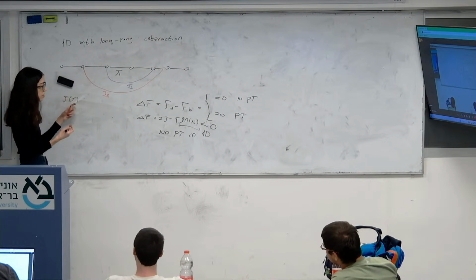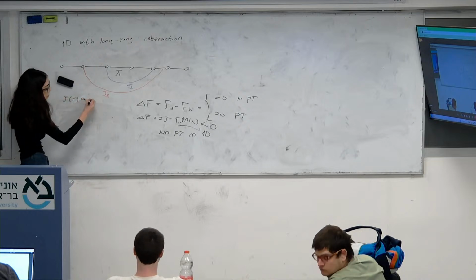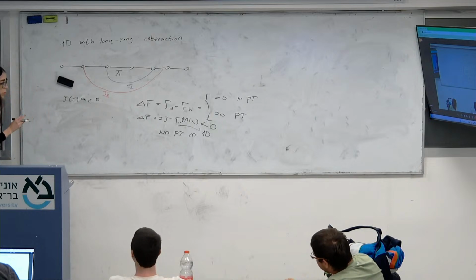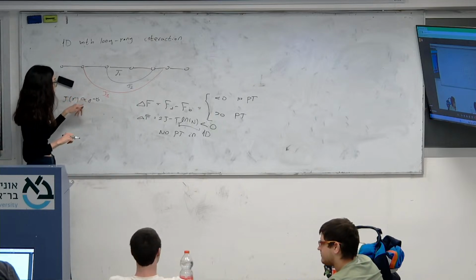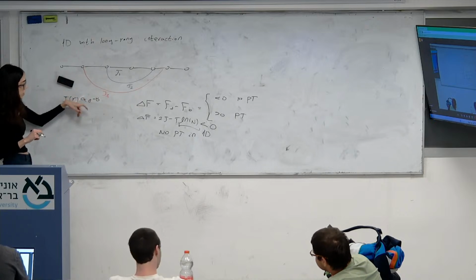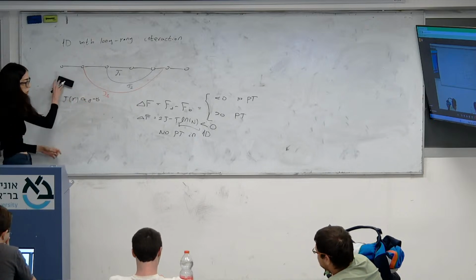It's a discrete distance, but it's a distance. It's proportional to r to the minus sigma, where sigma is some number for now. So we have long range interaction. The interaction decays with r to some power.